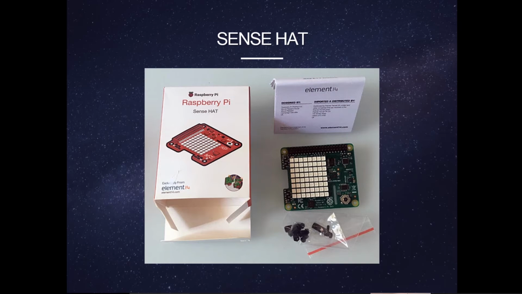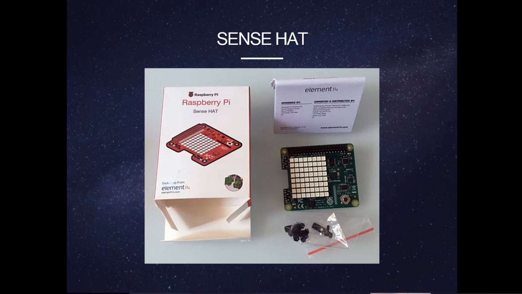And for me, it's the easiest way to demo to someone the capabilities, if you want to read some data, you want temperature data, or if you want to display something on these pixels right here, you can control it.